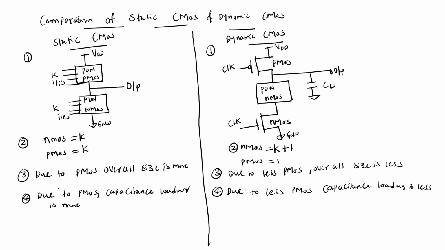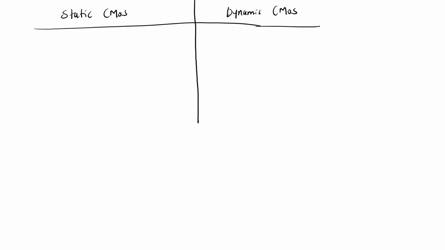One more difference we'll see between static CMOS and dynamic CMOS. Static CMOS has a slower switching charge, and dynamic CMOS has a faster switching charge.